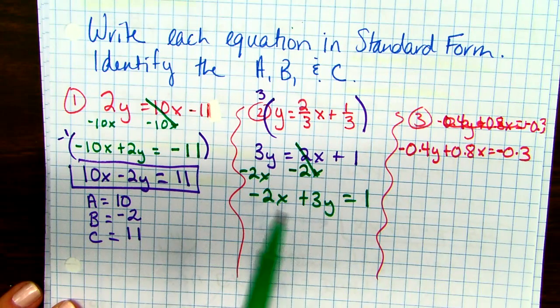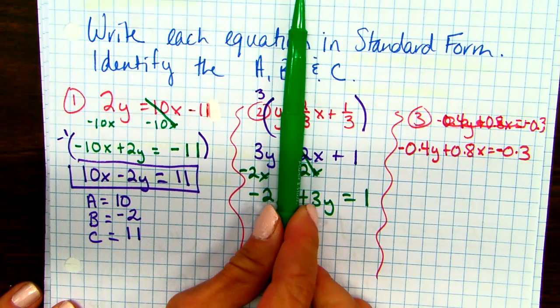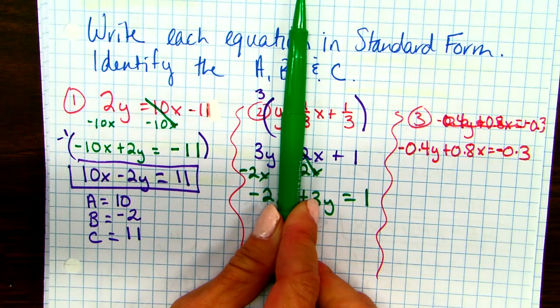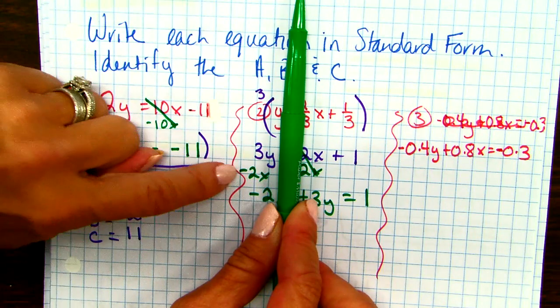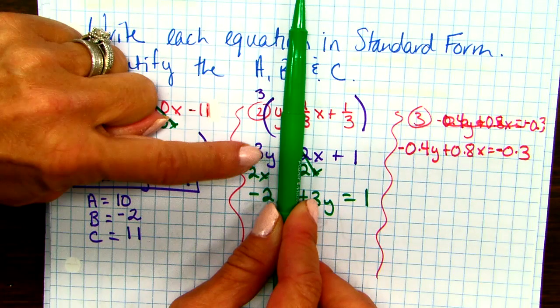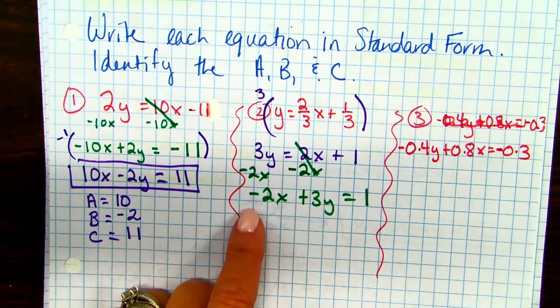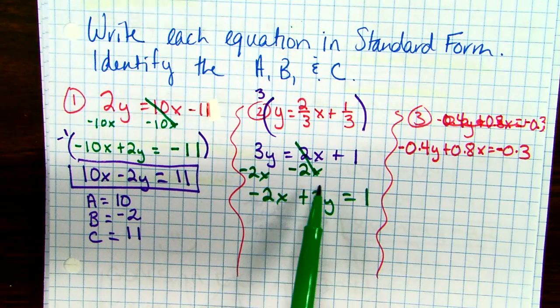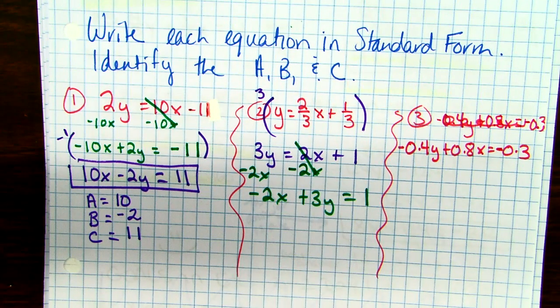The y didn't go anywhere. The y is still on the left-hand side. I just brought the negative 2x over, and I can't combine them, Dylan, because they're different variables. So they're just hanging out. It's negative 2x plus, since it's positive 3y. Do you see it? Yeah. So the only one that moved was the 2x. Everybody else is staying exactly where they were.